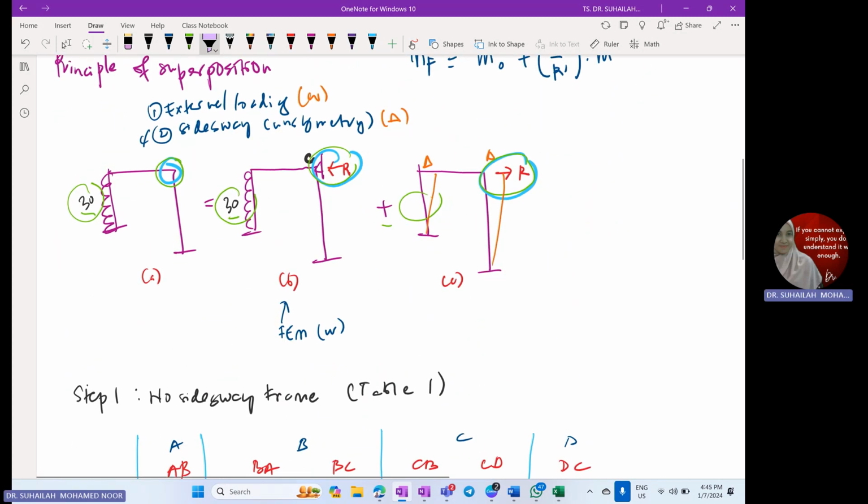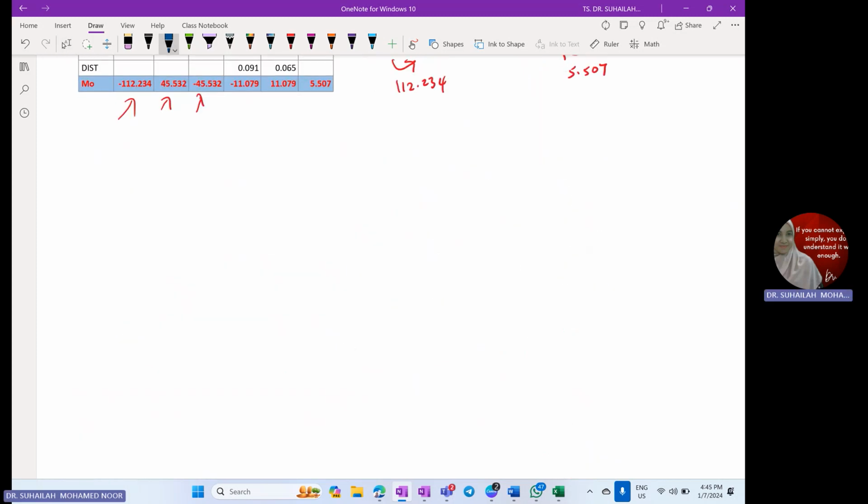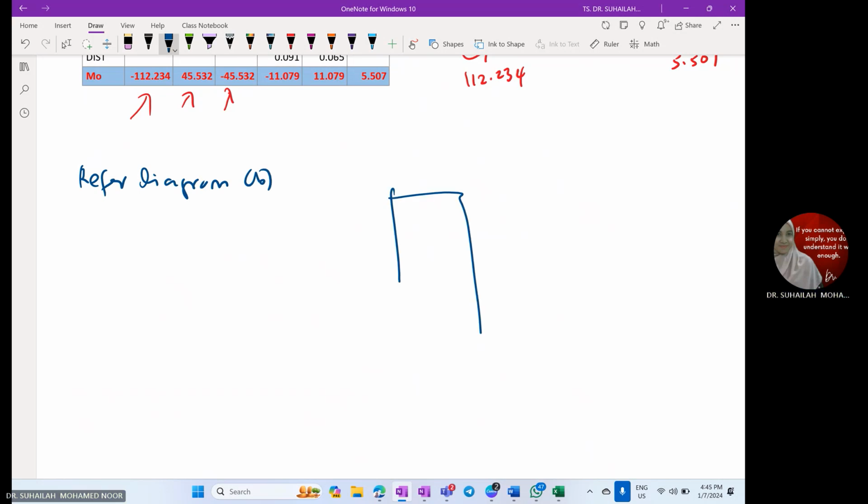Of course, we have to refer to diagram B. So in diagram B, okay, R like this. This is UDL 30.